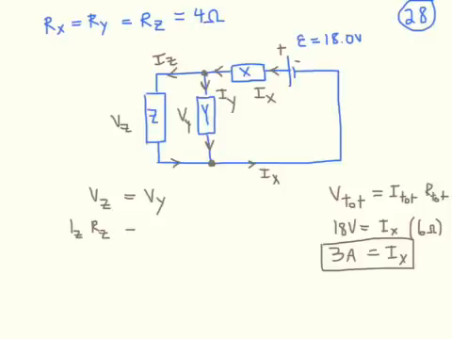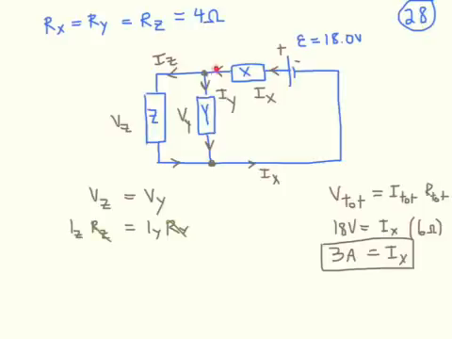And on the right side, we could replace V with I times R, because V equals IR in general. And we know that the resistance of Z and the resistance of Y are equal, so those cancel out. And look at what we have. The amount of current through Z equals the amount of current through Y.